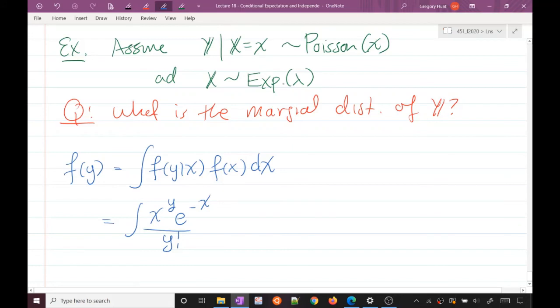So this is f of y given x, and then we need f of x, which is just an exponential, lambda e to the negative lambda x, dx. Our limits of integration are going to be 0 to infinity because that is the support of x.